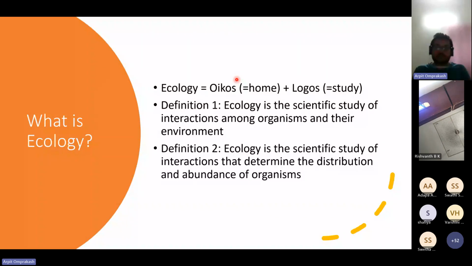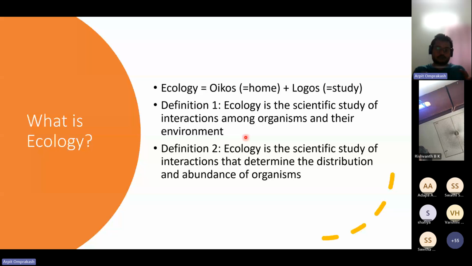We are given two definitions of ecology. The first is: ecology is the scientific study of interactions among organisms and their environment. The second one is: ecology is the scientific study of interactions that determine the distribution and abundance of organisms.